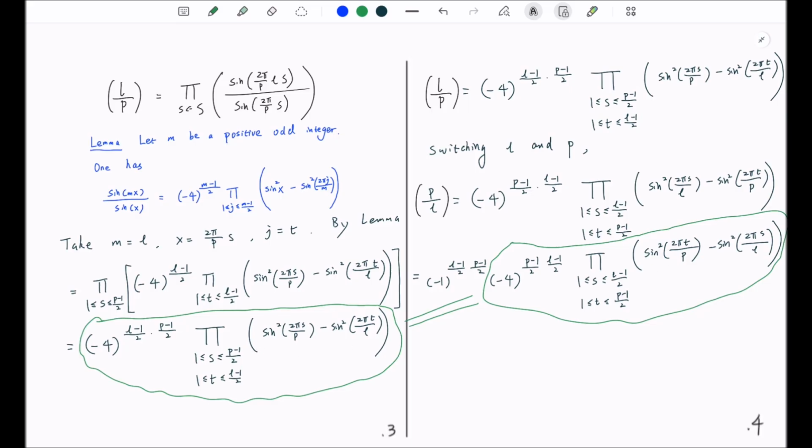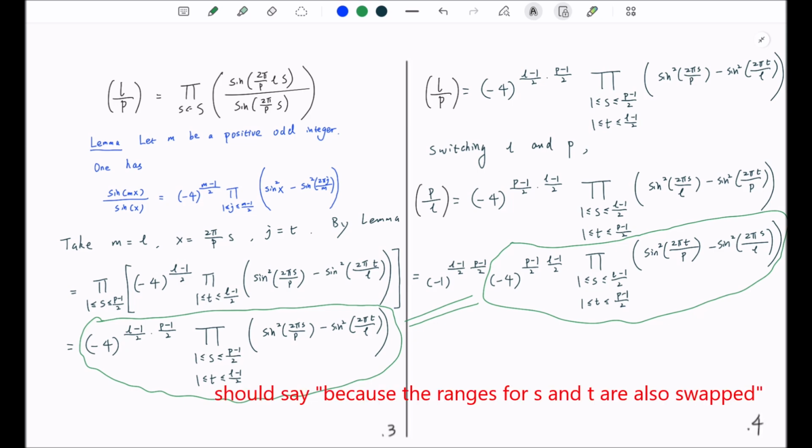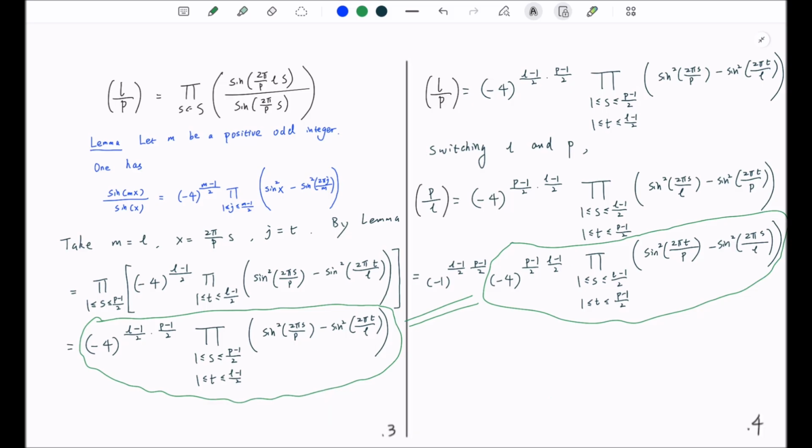But that doesn't matter, because s in here is from 1 to (l−1)/2, which plays the role of t in here, and t in here plays the role of s in here, because the range for s and t is also swapped. So this product is the same as this product. So they are equal.